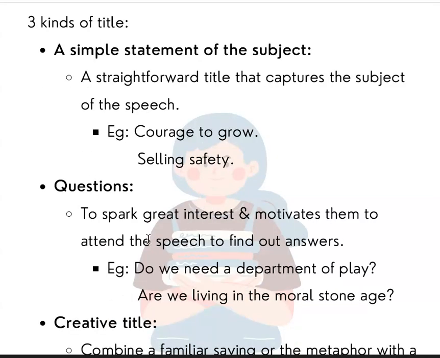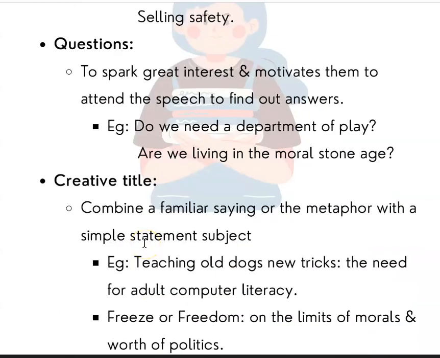Or you can create a spark of interest, like a hook, to attract your audience to your presentation. You create questions, so that can also be a way of creating a title. Or you can come up with a creative title.